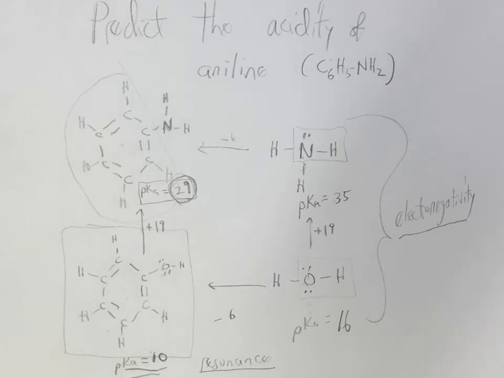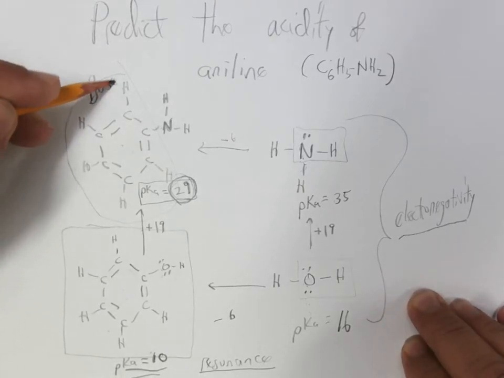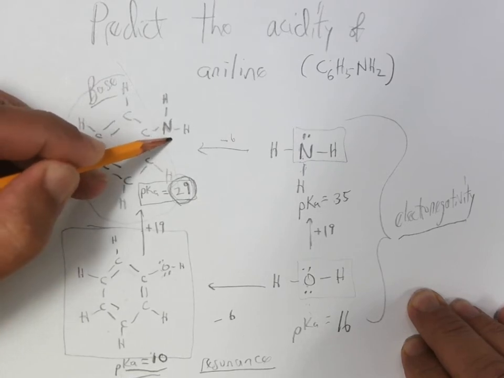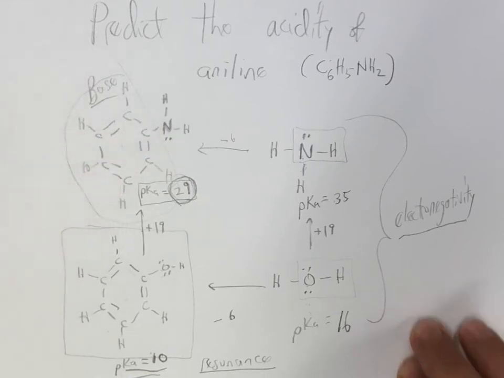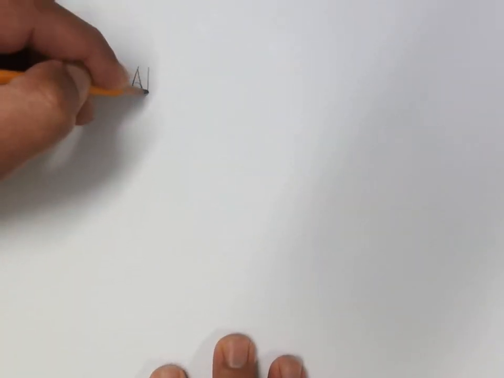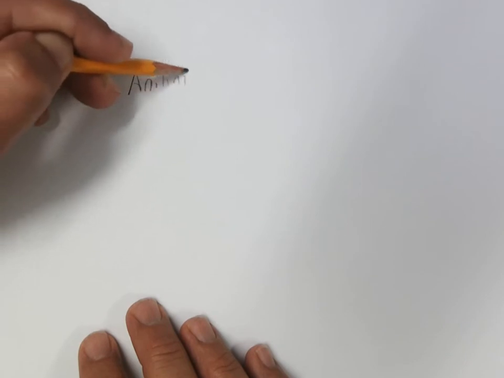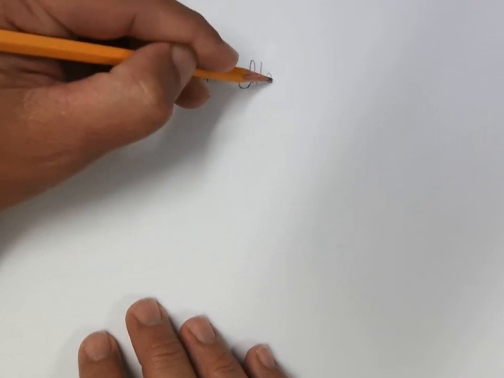Now, one of the problems you'll see if you try to look the pK of aniline up in the literature is, since this is a base, aniline is a base. The nitrogen with the lone pair is going to accept a proton more readily. If you try to look up the acidity of aniline, what they're going to give you is anilinium chloride.